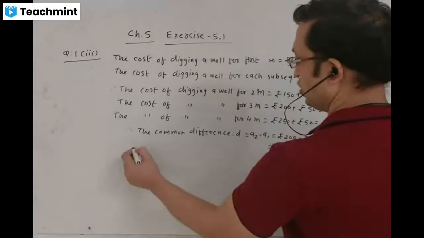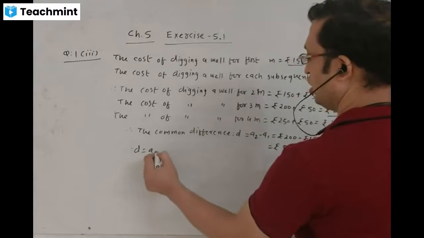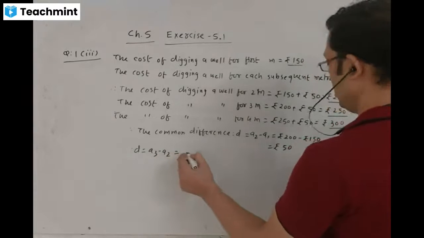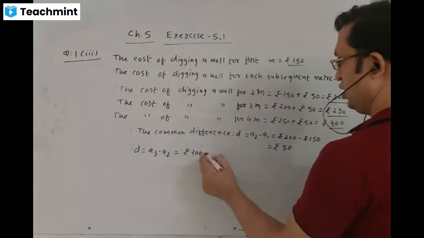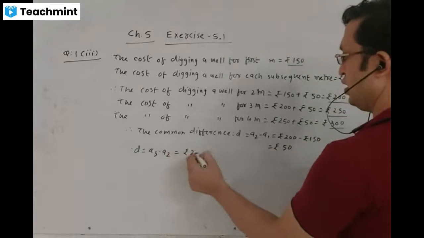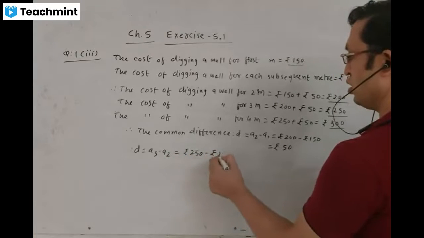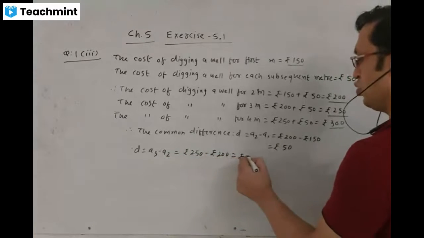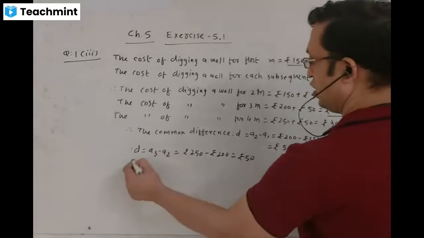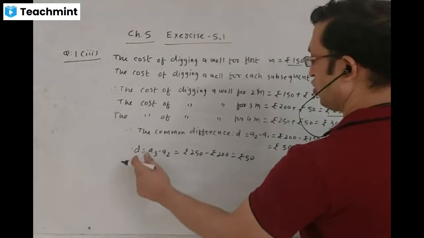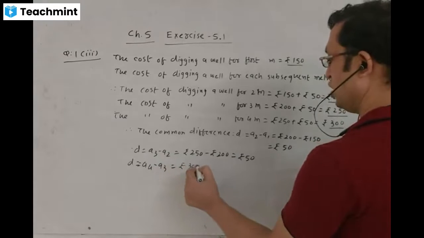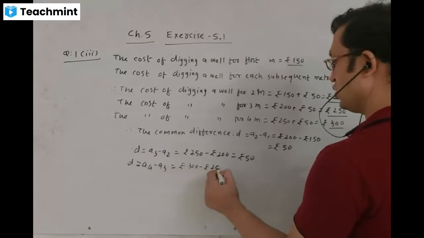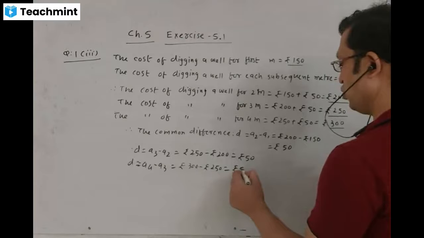D is equal to A3 minus A2, rupees 250 minus rupees 200, that is rupees 50, and D is equal to A4 minus A3, rupees 300 minus rupees 250, that is rupees 50.